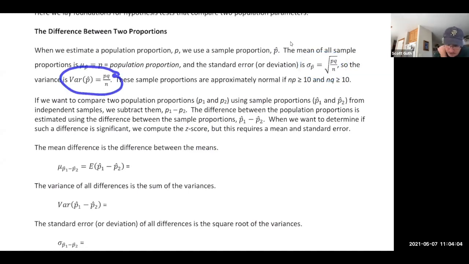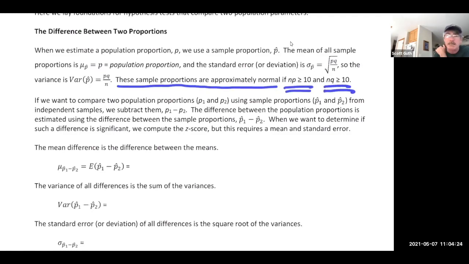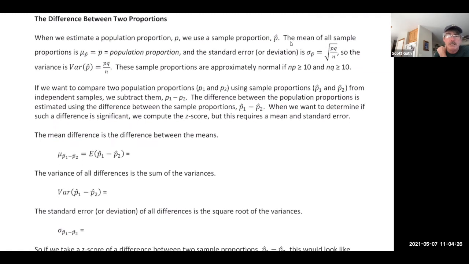Variances have cool properties. Okay, so we'll be looking at the variance of sample proportions. And the goal here is to look at differences between sample proportions to see how different they are. And remember, sample proportions are approximately normal if NP is at least 10 and NQ is at least 10. Okay, those will continue to be important.